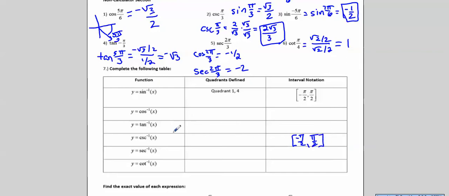Of course, values that would make the cosecant undefined were not included, but we didn't write that there. And then the same for cotangent. The same for tangent. In tangent, I know that negative pi over 2 and pi over 2 are undefined, so I'm just going to leave those out.